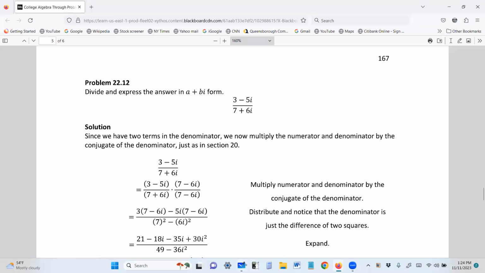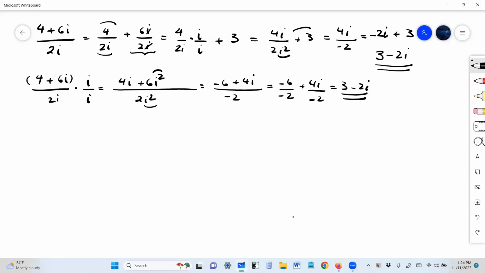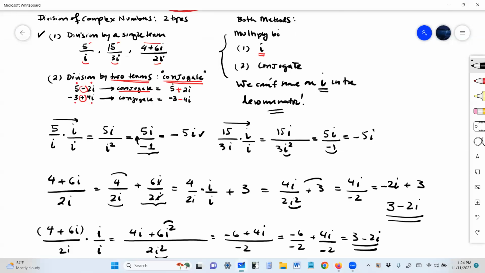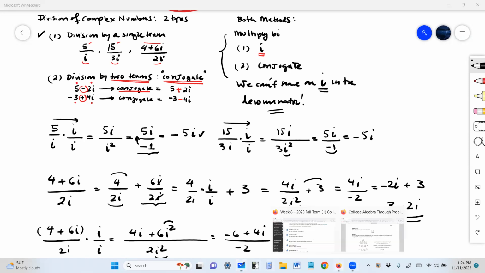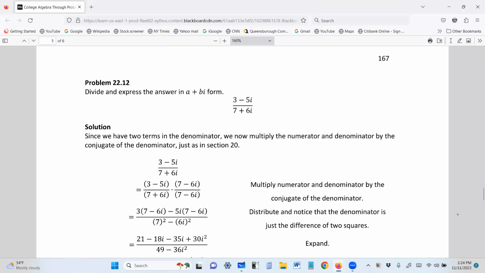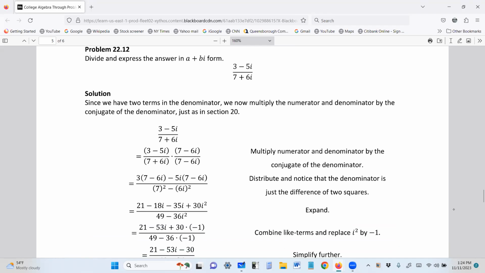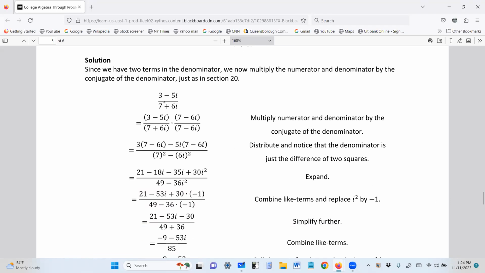So if I have 2, as I said, you're first going to find the conjugate. And then you're going to multiply numerator and denominator by that conjugate. All right, so let's take a look at this example here. I have 3 minus 5i divided by 7 plus 6i. So the conjugate is always the conjugate of the denominator.